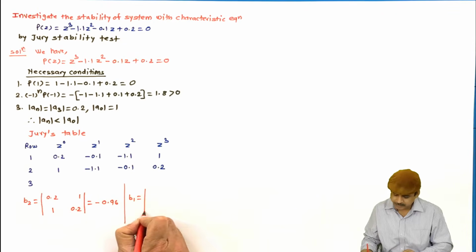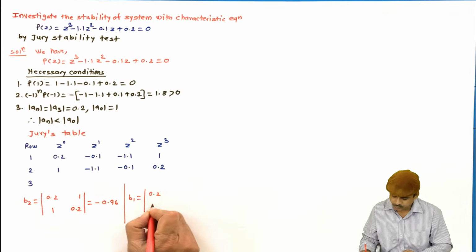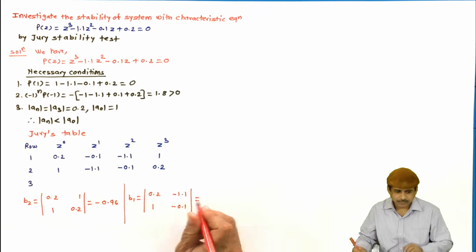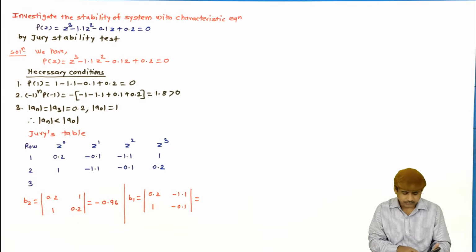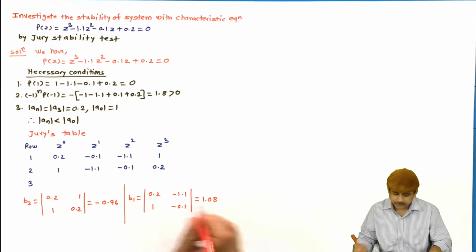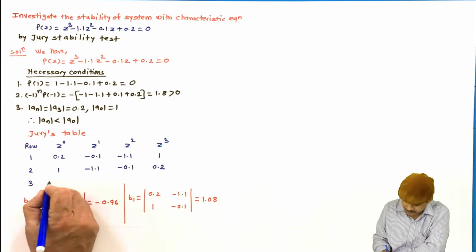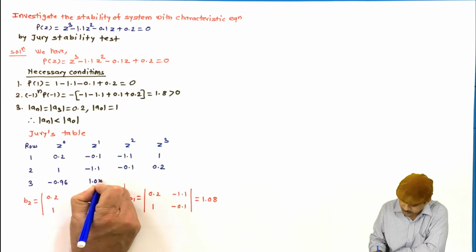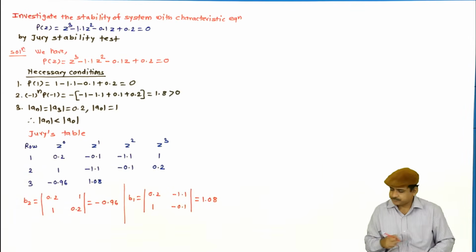For B1, it will be the determinant with 0.2, 1, and -1.1, -0.1. So it is equal to 0.2 into -0.1 plus 1.1. It is 1.08. So let us write down these values immediately here. This is -0.96, 1.08, and the last one.